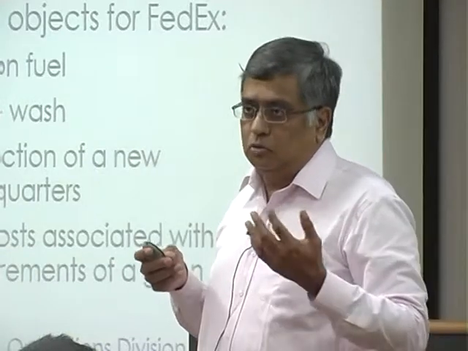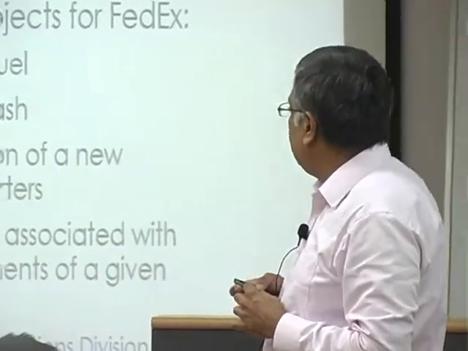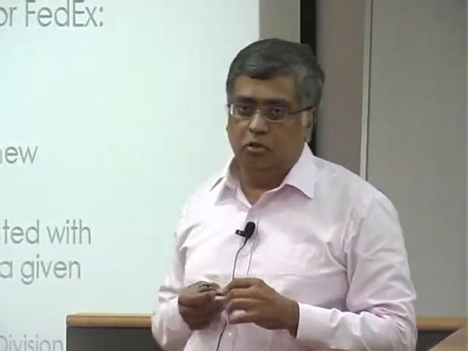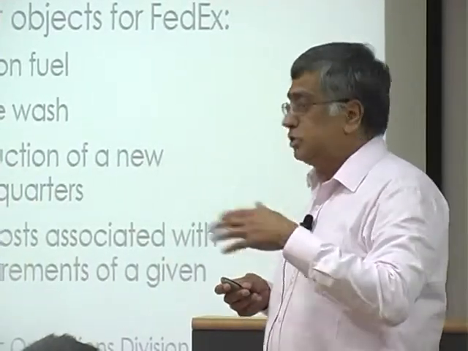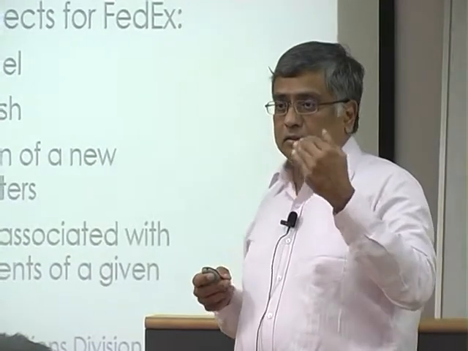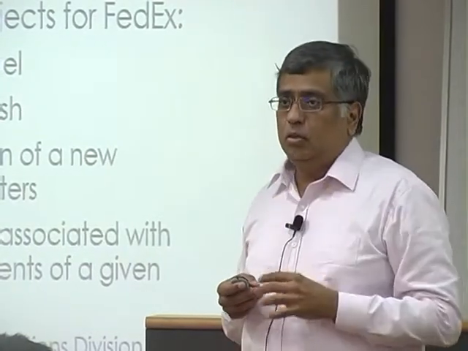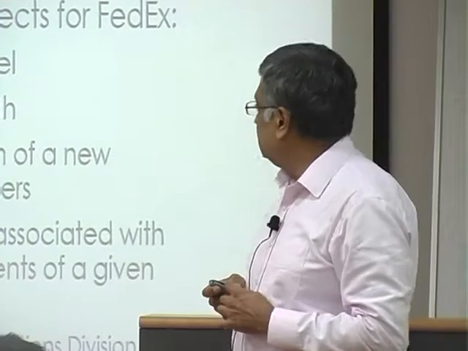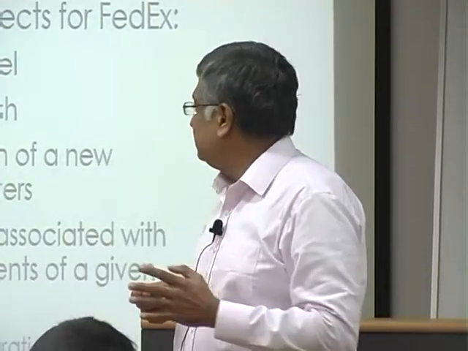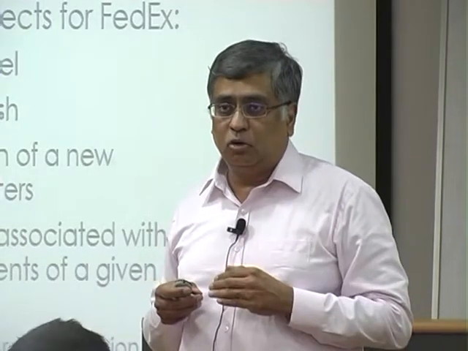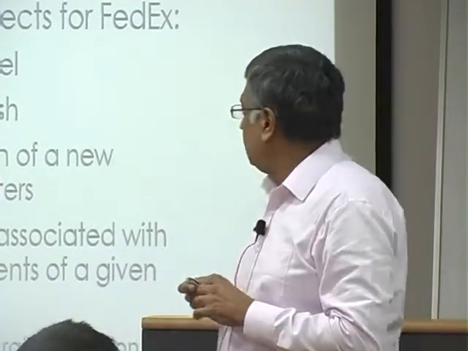So you need to know what's the cost of procuring aviation fuel. Another service that they do all the time is in the fleet of planes. They wash either their planes or their vehicles, right? That is a service cost. Projects would be if they're constructing a new distribution center or a corporate headquarters. That will be an example of a project cost.